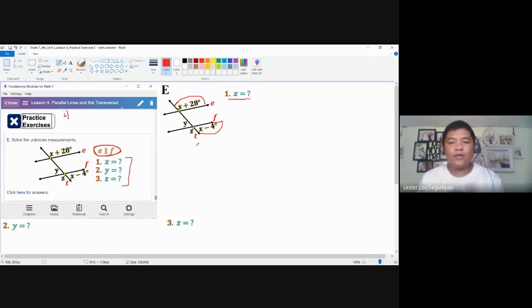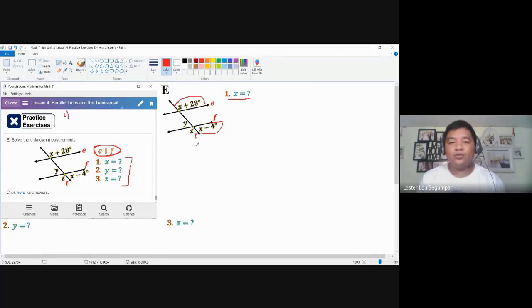With these two angles in consideration, we are going to scrap now the same side interior and the alternate interior angles. Why? Because as you can see, these two angles are found on the exterior. None of them are found on the interior. That would mean we are going to scrap those two.